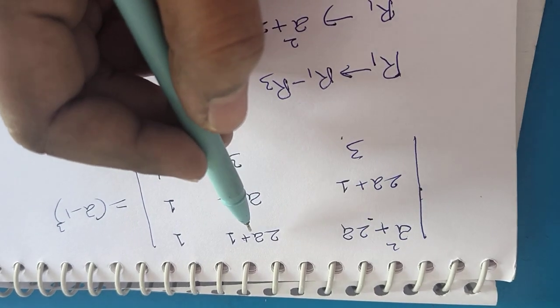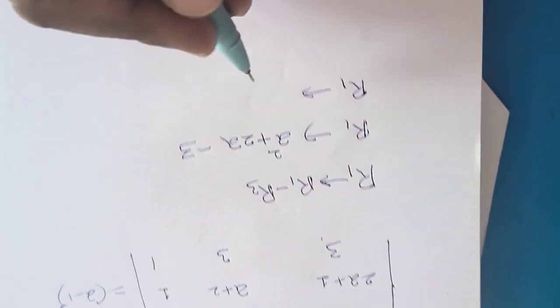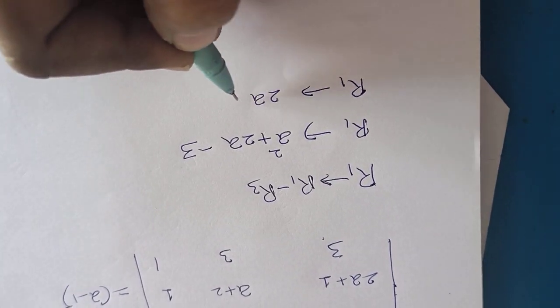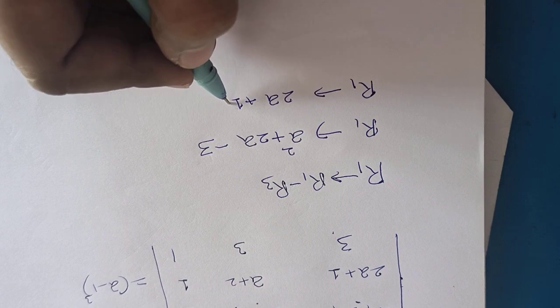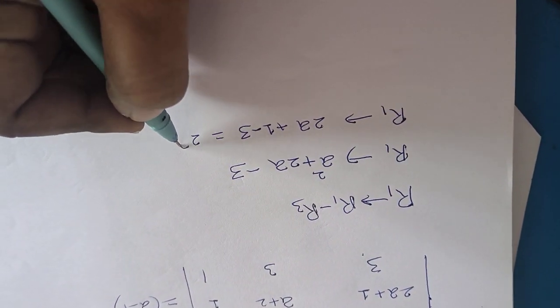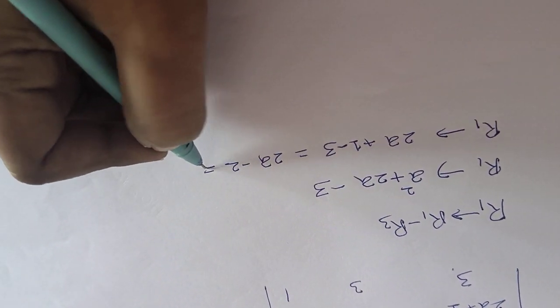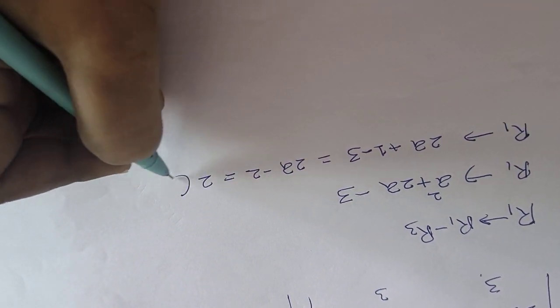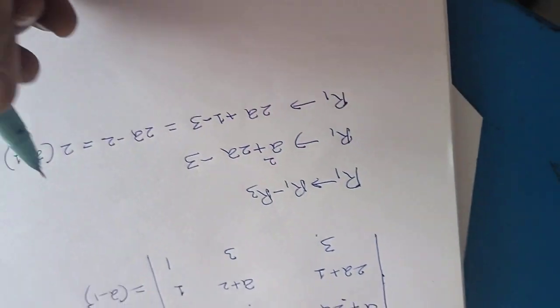First row second term is 2a + 1, third row second term is 3. So it is 2a + 1 minus 3, which is 2a − 2. From here I can take 2 common, so it becomes 2(a − 1).